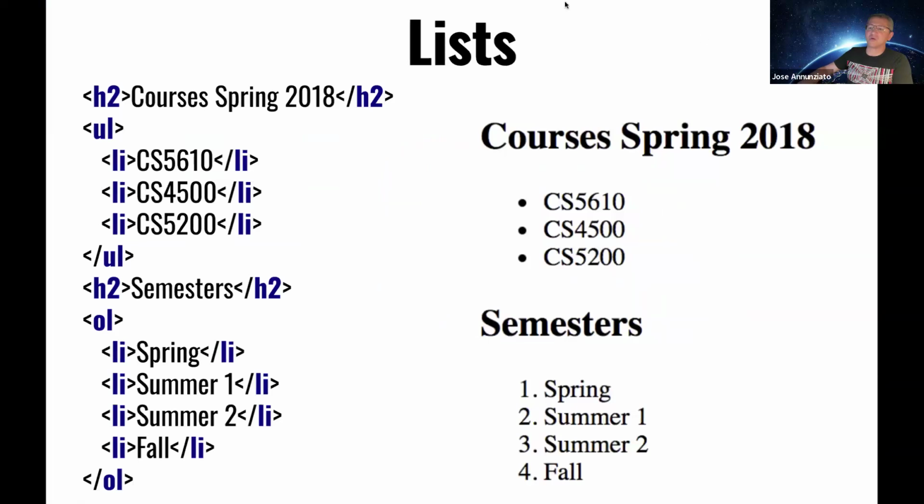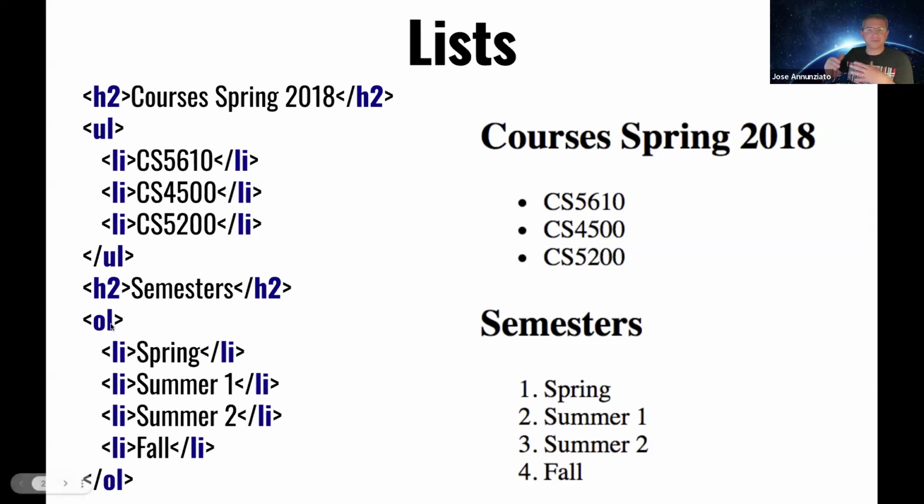So to render unordered lists like bullets, you use the UL tags. And then inside you can have any number of line items, where each item is distinguished by a bullet.